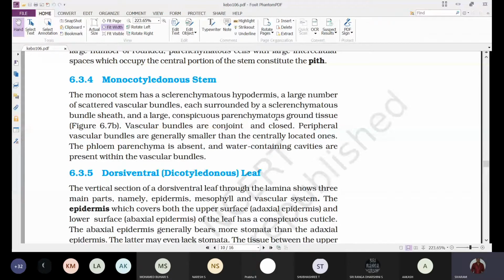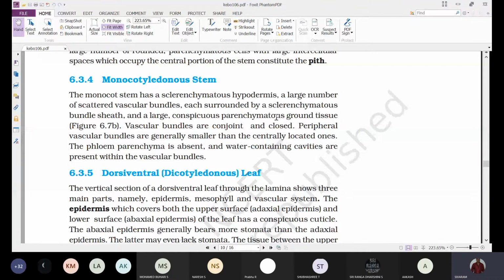The hypodermis in monocotyledonous stems is made up of sclerenchyma. In the dicotyledonous stem, it is made up of collenchyma. But in the monocotyledonous stem, the hypodermis is sclerenchymatous.